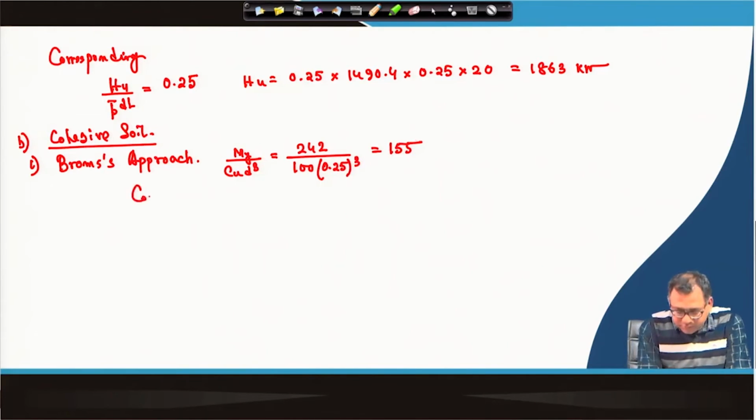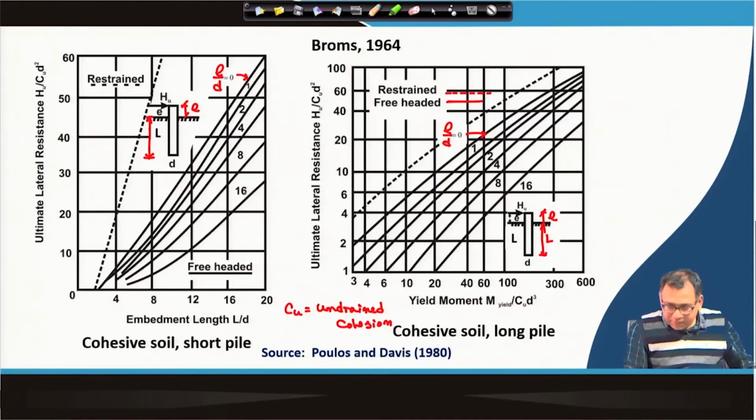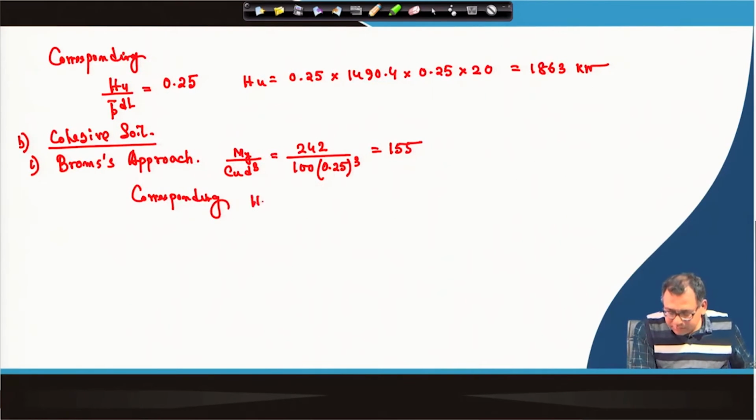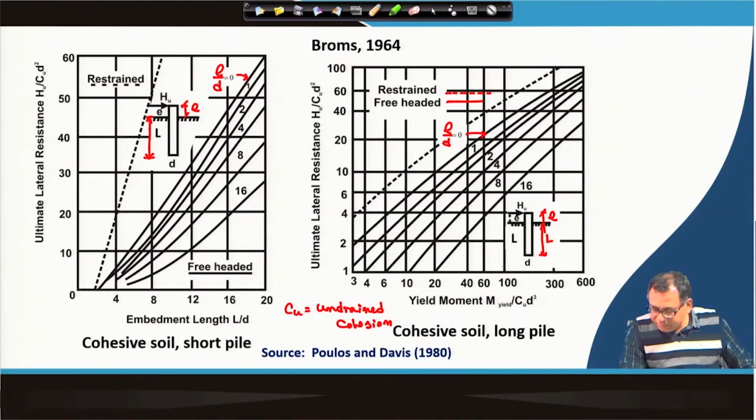Corresponding to this, what value will I get from the chart? This is the chart of Hu by Cu d square, so corresponding Hu by Cu d square, because this is 155.